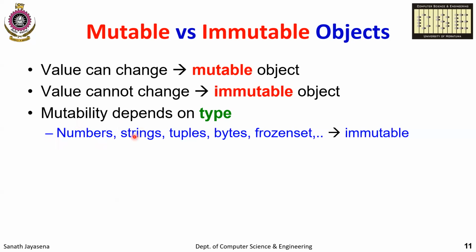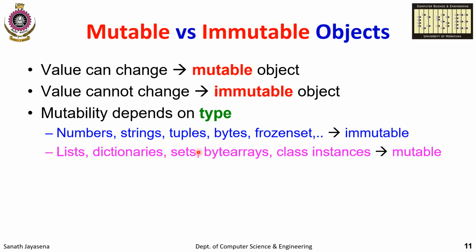We will not worry about other things as of now. Just remember that all numeric types, including int, float, complex, and strings are immutable. Others are also there, but we are going to consider at this moment only numbers and strings, because those are the ones we have come across at this point.